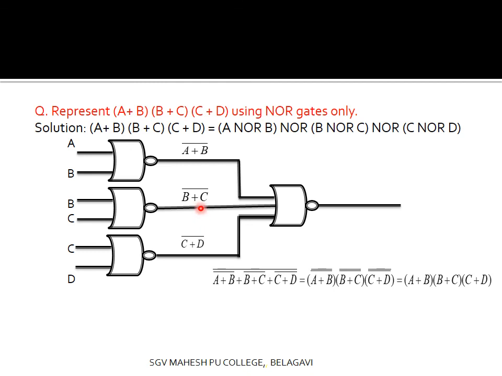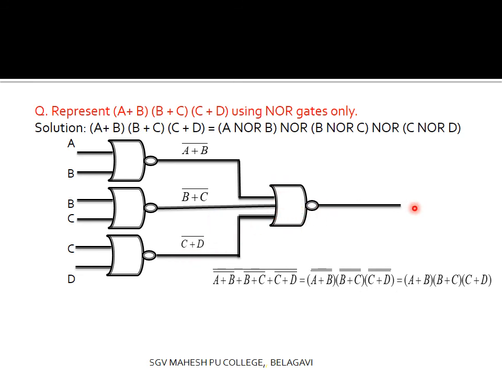Similarly, (B plus C) whole bar for the BC input, and (C plus D) whole bar for the inputs C and D. Now we have done only the three brackets, but we also have a NOR in between these three brackets. So I give (A plus B) whole bar, (B plus C) whole bar, and (C plus D) whole bar as inputs to this final NOR gate.